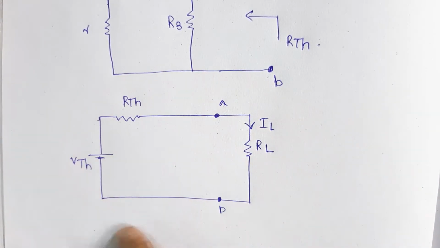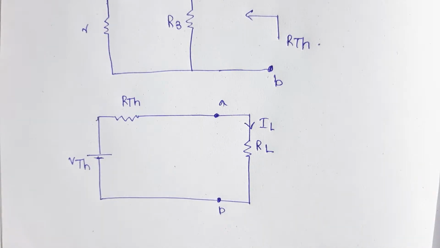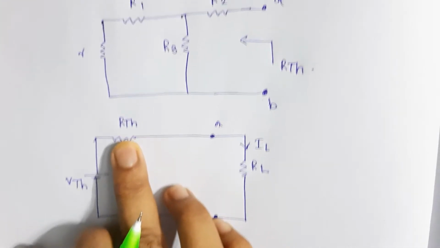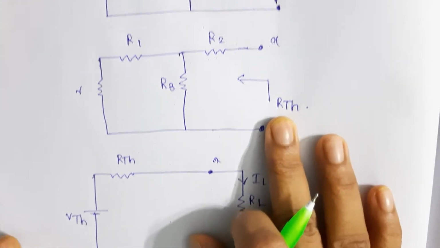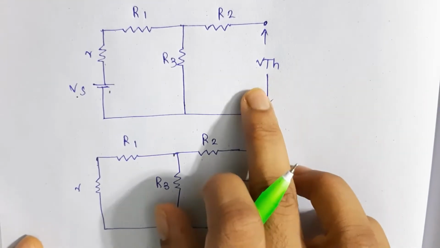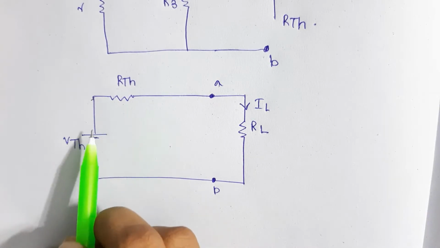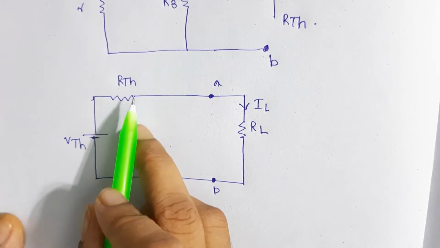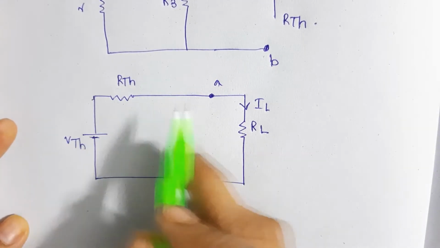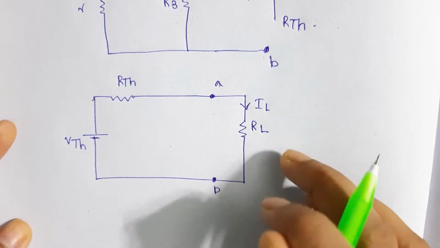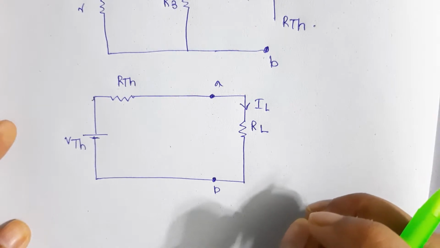So this is the final circuit of Thevenin's theorem, where you will have the final RTH which we find from here, and VTH which we find from this circuit. We will write this, but it should be in series. In the case of Thevenin's theorem, it is in series, so we have to remember that, and definitely the RL will be there. Let me explain in brief to make it even clearer.